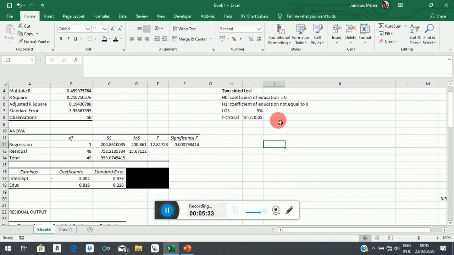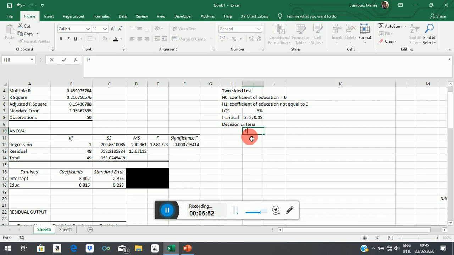Okay, now then we must state the decision criteria. How do we decide whether to reject or not to reject the null hypothesis?